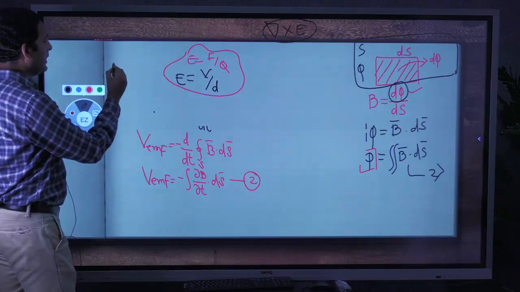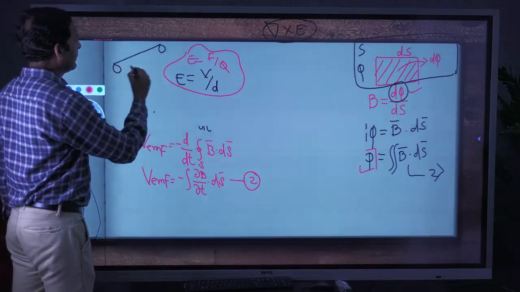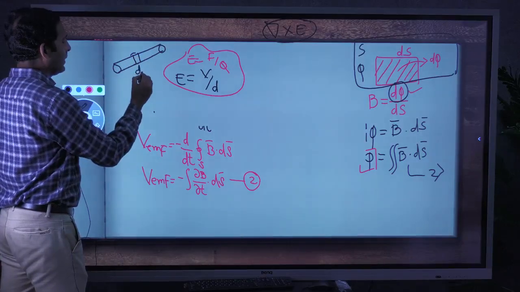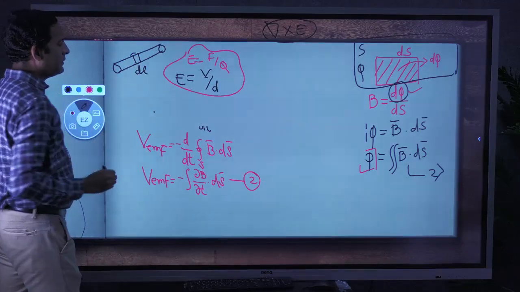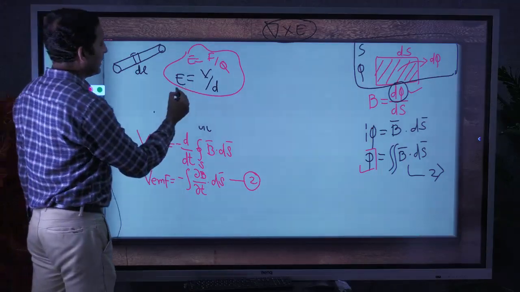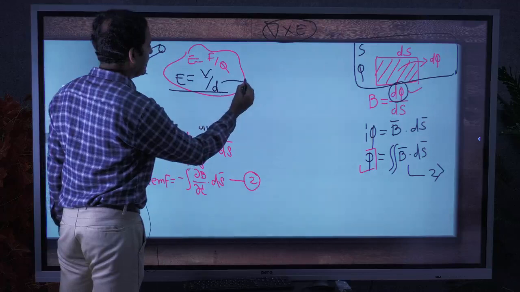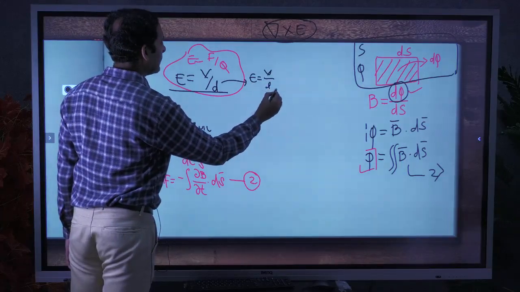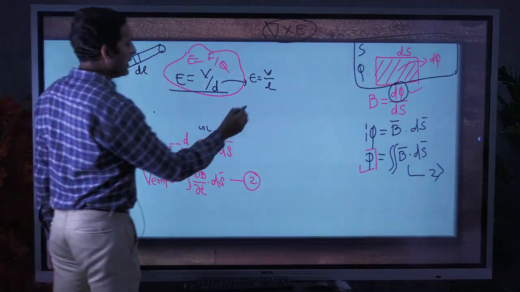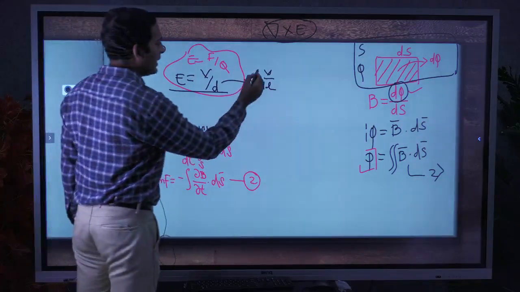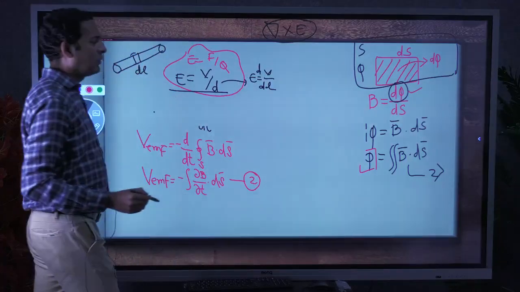If we consider a current carrying conductor of differential length L, it will have a differential charge placed in that. So in that case, this expression can be written as E is equal to say V by L. For differential length, we can write it as dl. For dl, there will be differential volume.